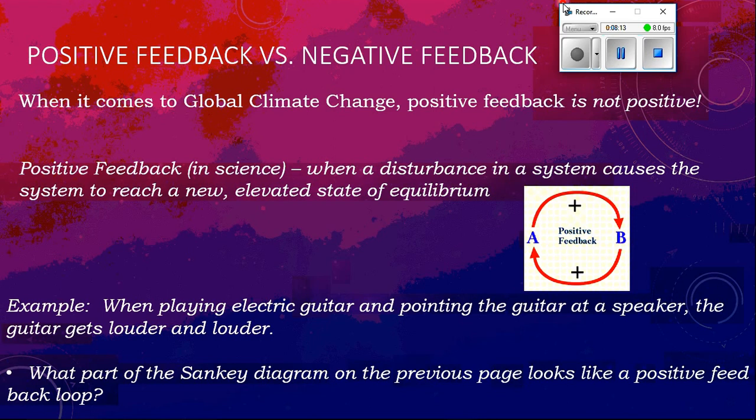A really good analogy for the positive feedback loop is when you play an instrument into a speaker. When you play an instrument into a speaker, such as a guitar, you're playing a note into the speaker, and the speaker plays that note back at the guitar, which in turn makes the guitar sound louder, which in turn makes the speaker sound louder, and you get an elevated noise level.